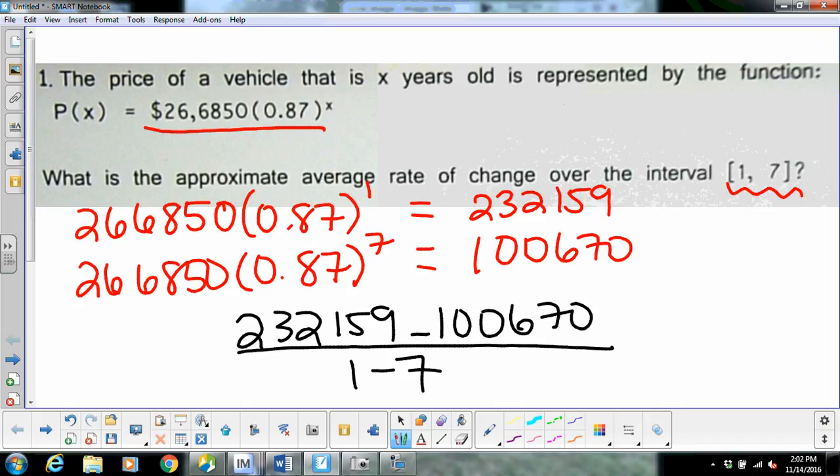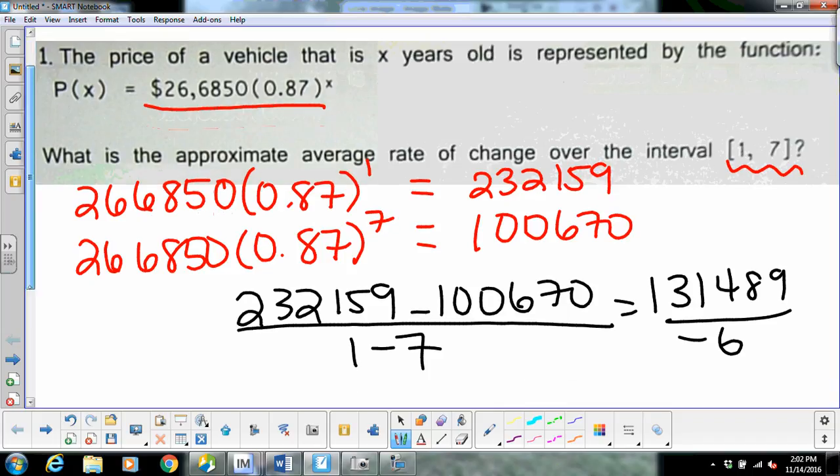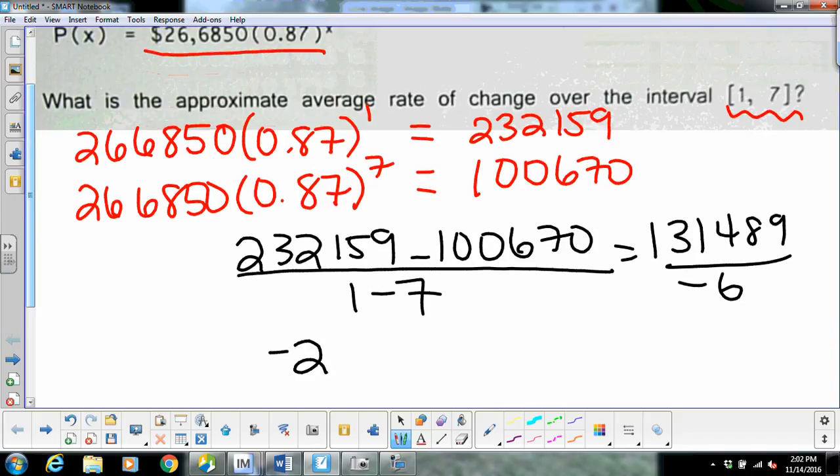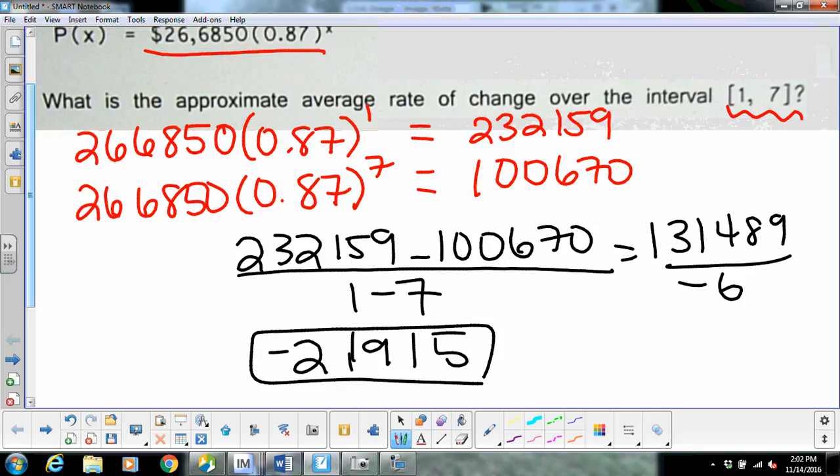So 232,159 minus 100,670, divided by -6, and that's going to give me a rate of change of -2191, and I'll say 5, just because that's a 0.8, so I'm going to round that up to a 5. 21915. Okay, that's basically the same way you're going to do problems number 2, 3, and 4.